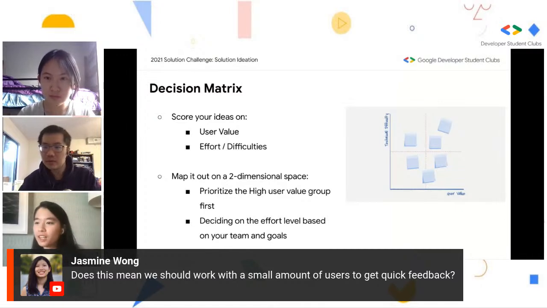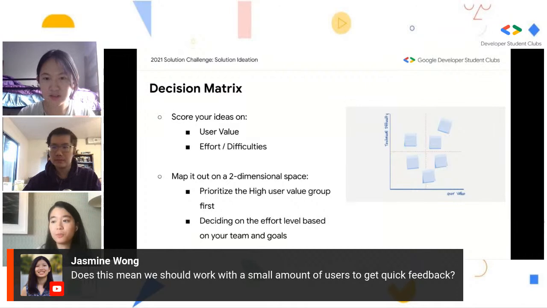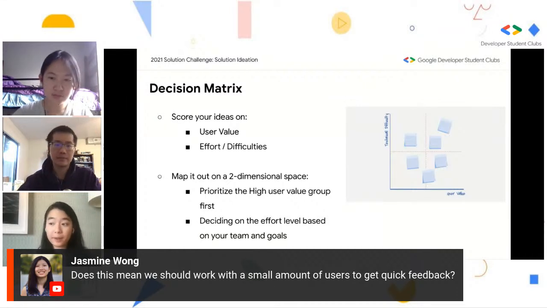Oh, does it mean we should work with a small amount of users to get quick feedback? Yes. So one of the quick tips we can do is that you can interview, like, 5%, right? Get some info from them. And then you can list out what you think those kinds of people have in their mind about what the user needs and what you can tackle.